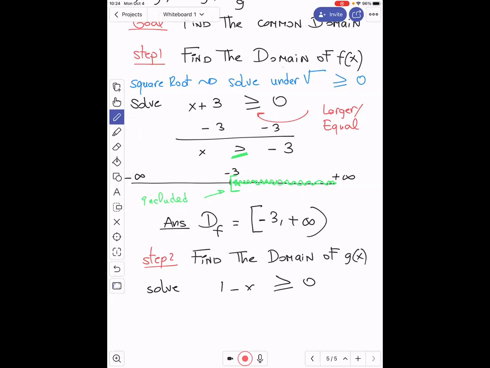Now, if you want to solve for x, there are different ways. Probably the easiest way is to add x to both sides. So if you add x to both sides, then +1 on the left is larger or equal to x.